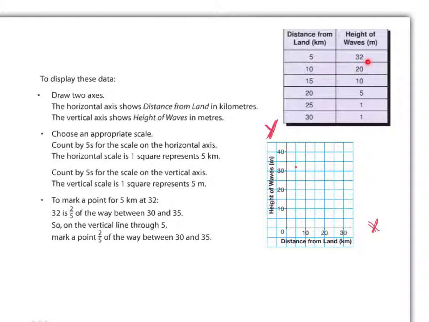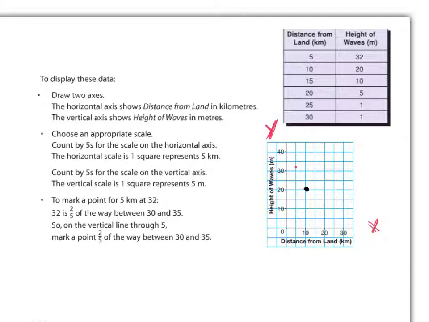So then to mark our first point, we would go 5 over and 32 up, which is just a little bit above 30. For our next point, which is 10 and 20, we would go 10 over and 20 up, right on that cross point where those two lines intersect.